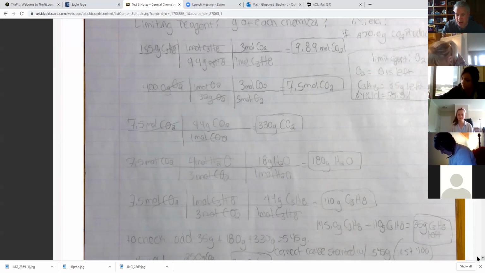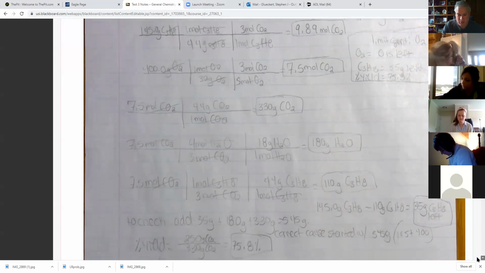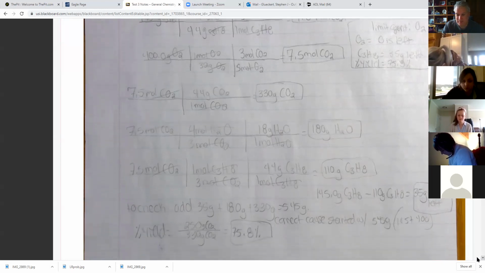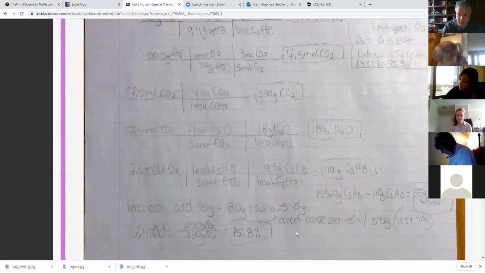And so what do we want to do? We want to add all those numbers together. Yep. Check your answer by conservation of mass. 35 plus 180 plus 330 gives me 545 grams.